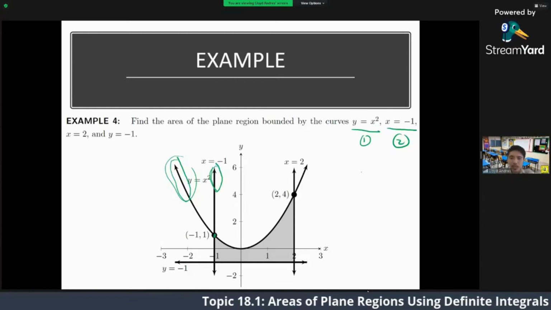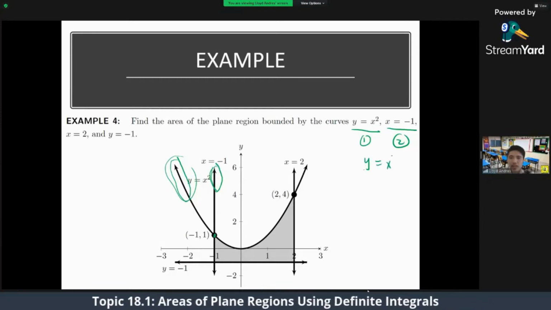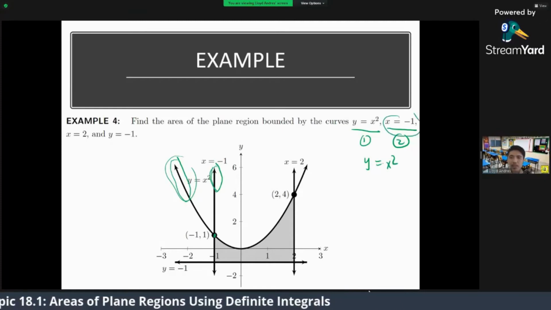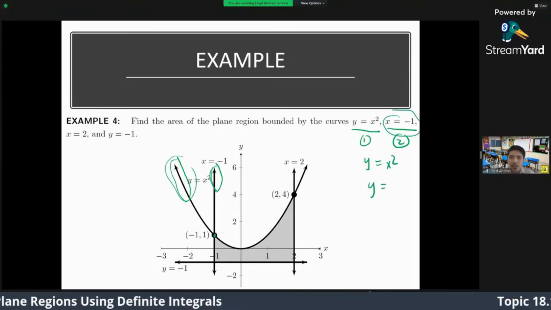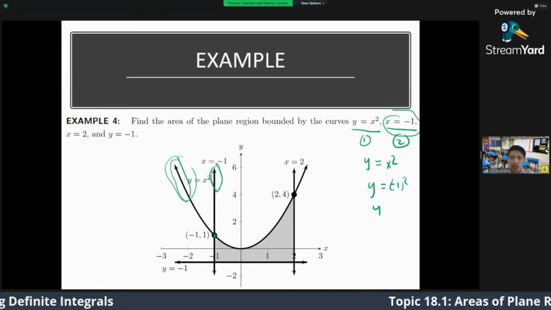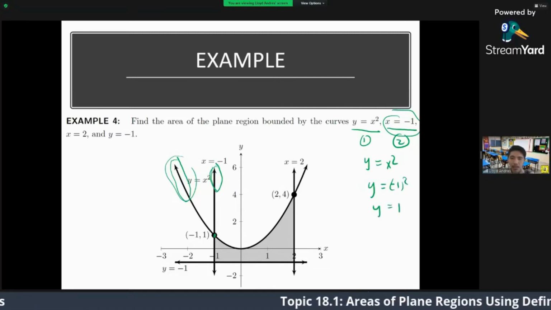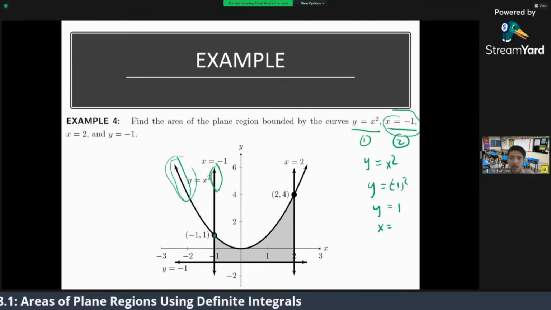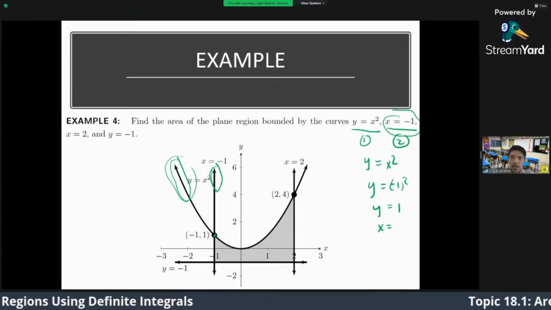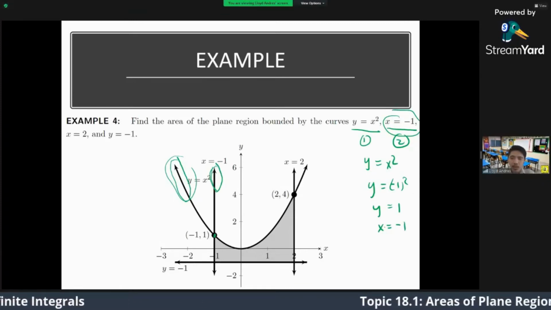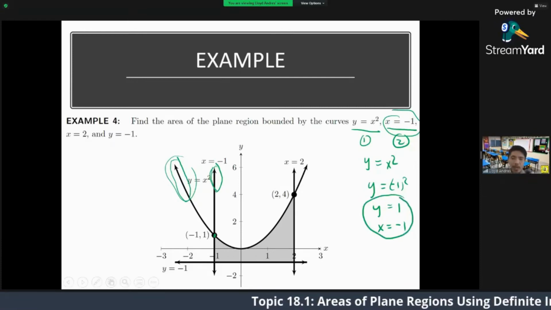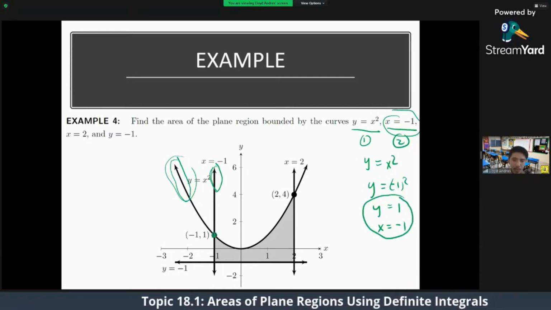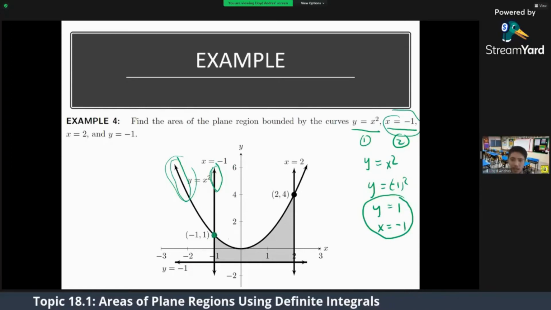We start with equation 1, y equals x squared, then substitute. So, at x equals negative 1, y is 1. No need to solve for x, since x is already given, which is negative 1. So that is our intersection point: negative 1, 1. Next, here, how do we determine the intersection point for this line and the parabola? They are the two that meet.